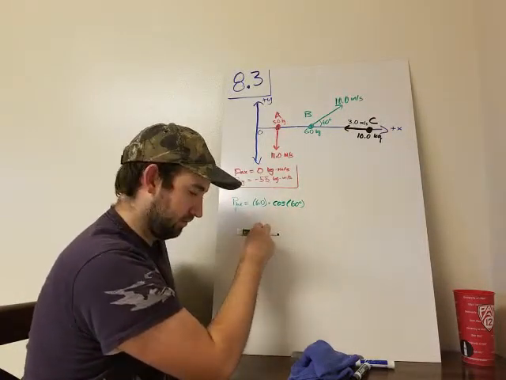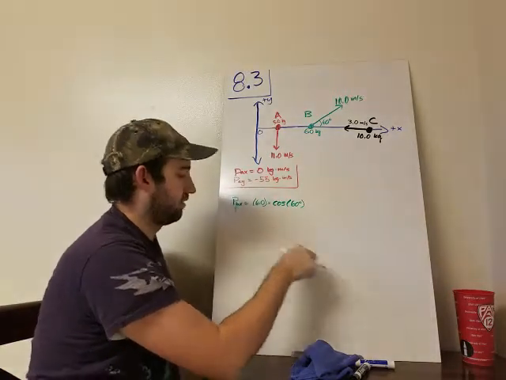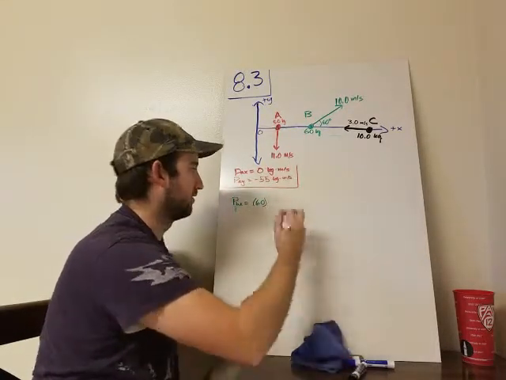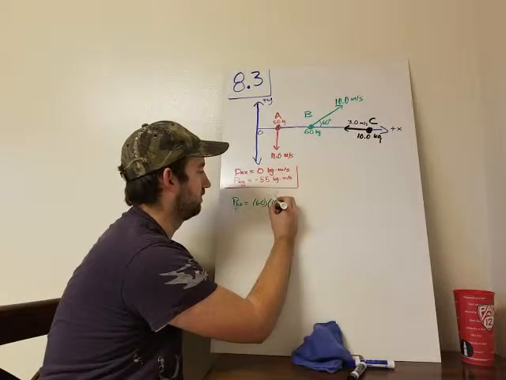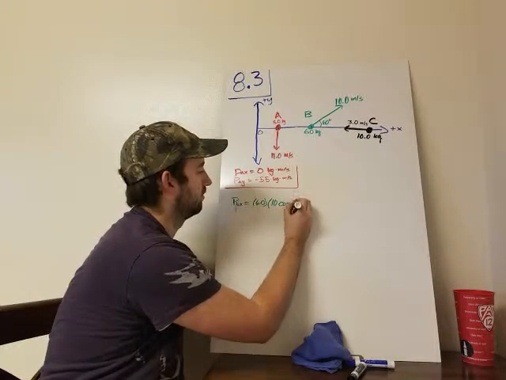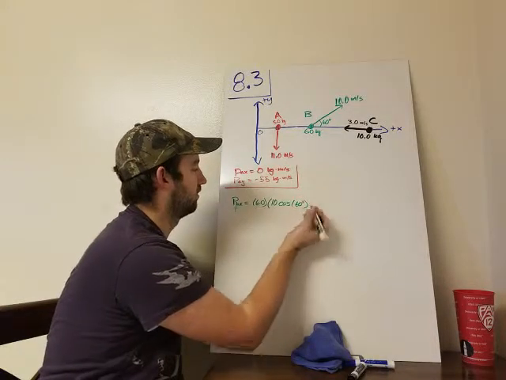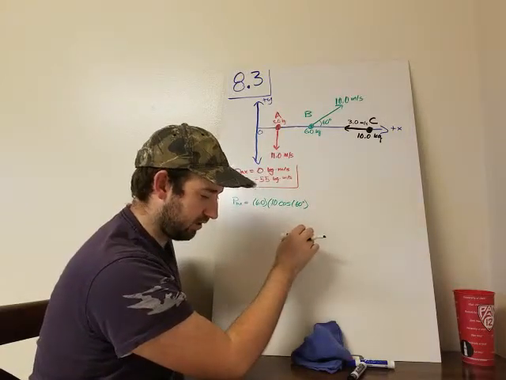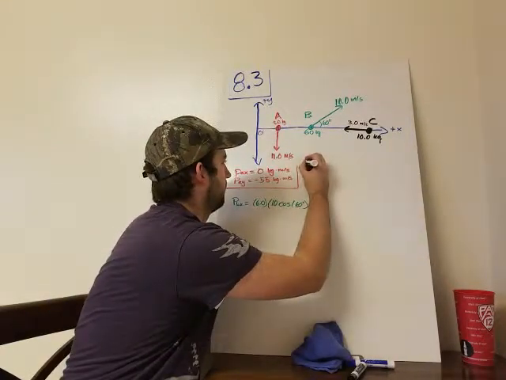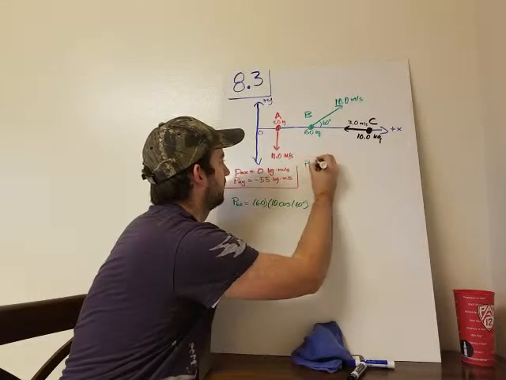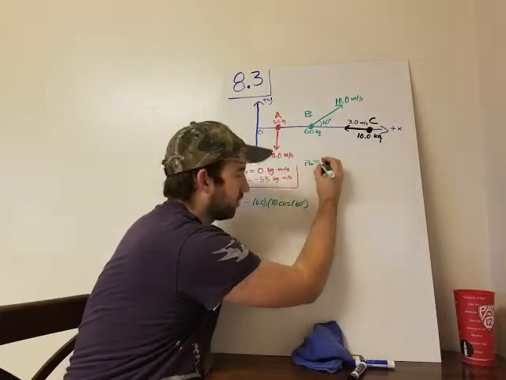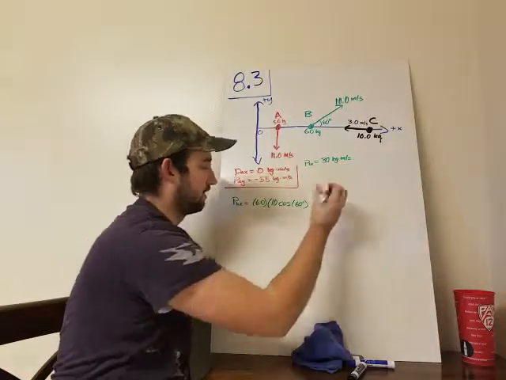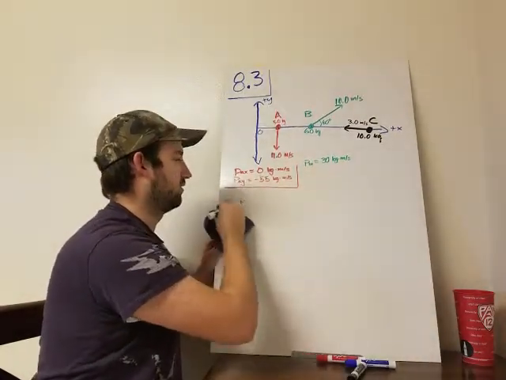But also, I forgot to add in the velocity, which is really important. So 6 times 10 cosine 60. Perfect. So when we do that in our calculator, we end up with P Bx equals 30 kilogram meters per second.